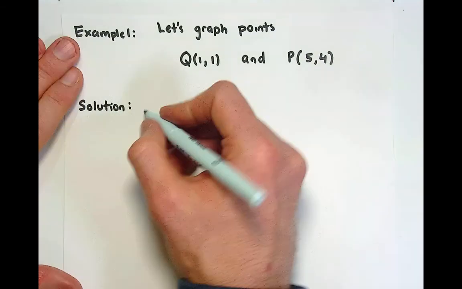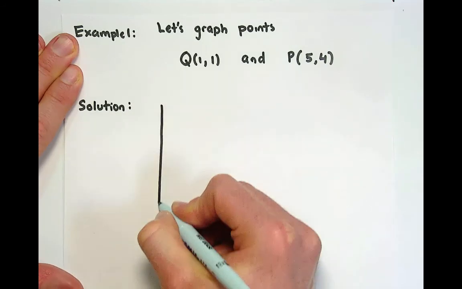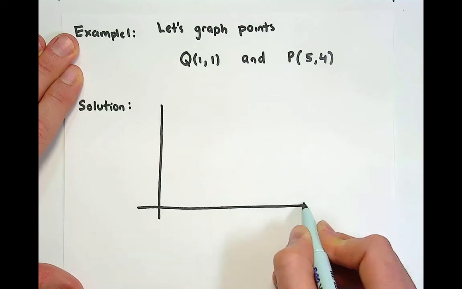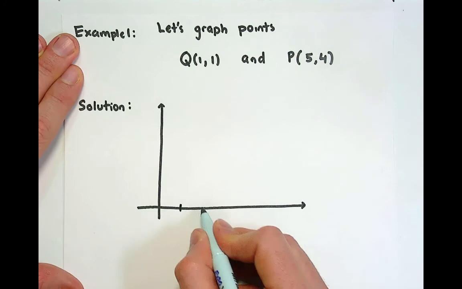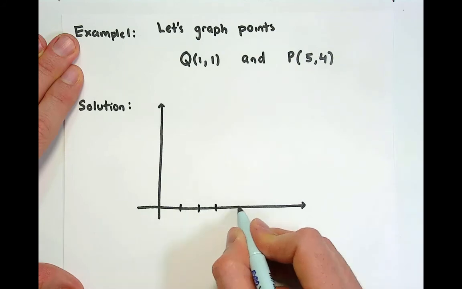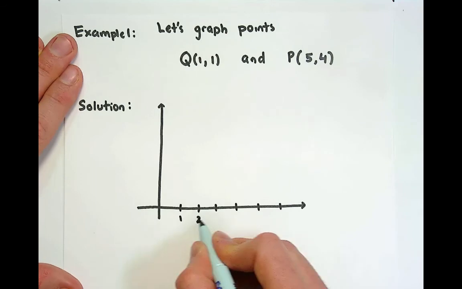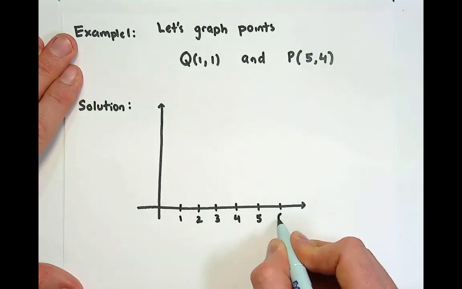We start by drawing our XY plane, or first and second coordinate axis. Here's the first coordinate axis and the second coordinate axis. It looks like we're going to need some 1, 2, 3, 4, 5, and maybe we'll go up to 6. Make sure to label all of these to make it super clear to ourselves what we're doing here.